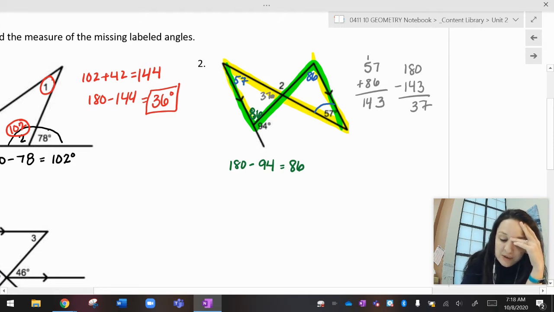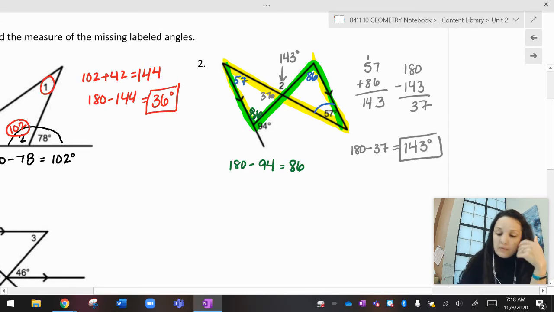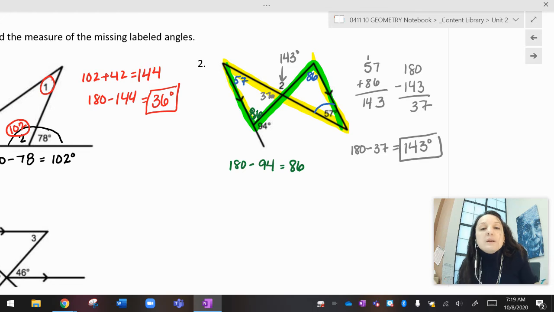And 37 and 2 add up to 180. So 180 minus 37 is 143 degrees. Okay, notice, it's not like I told you to find angle 2, you do this. It's to find angle 2, find some missing stuff and let the dominoes fall and get you an answer, okay?